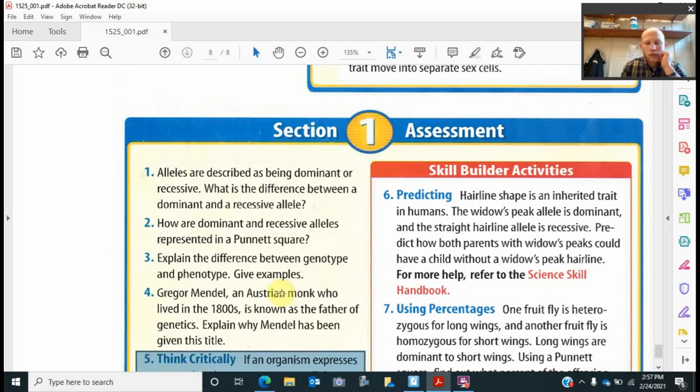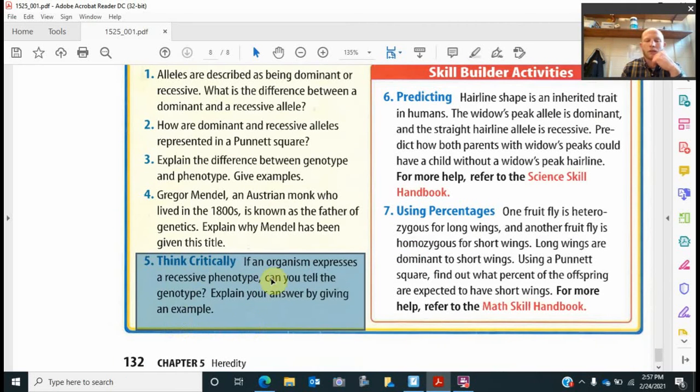It talks about alleles being described as dominant or recessive. What's the difference between a dominant and recessive allele? Then it asks about Gregor Mendel, an Austrian monk who lived in the 1800s, known as the father of genetics. Explain why Mendel has been given this title. And question 5 says, if an organism expresses a recessive phenotype, can you tell the genotype? Explain your answer by giving an example.